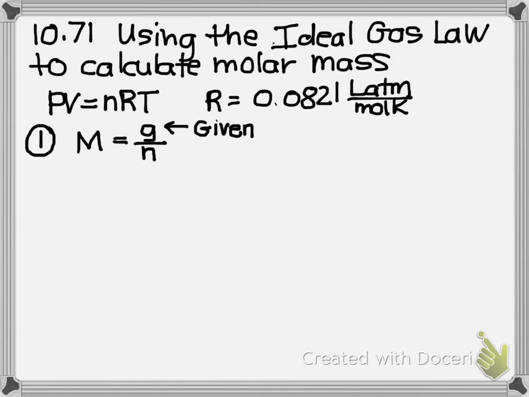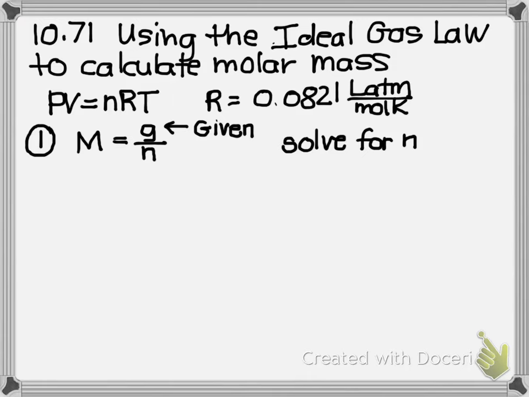So the first method would be to use the ideal gas law to solve for n, and then you could plug it directly into this equation I have here on the left. If you're given grams and you've solved for the number of moles, you can just divide the grams by the number of moles. So let's take a look at 10.71 and see how that would actually work.